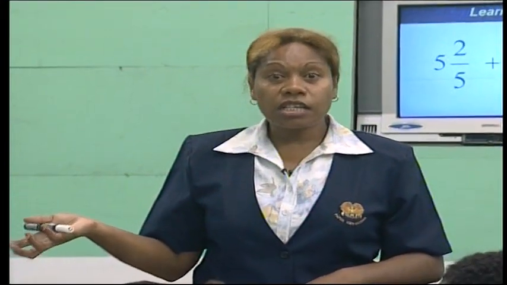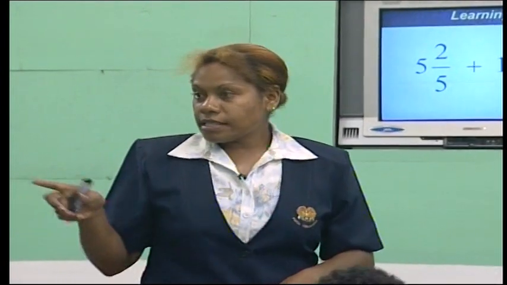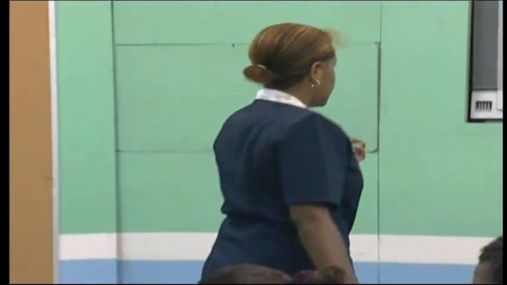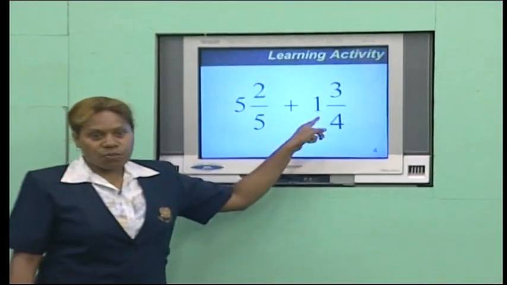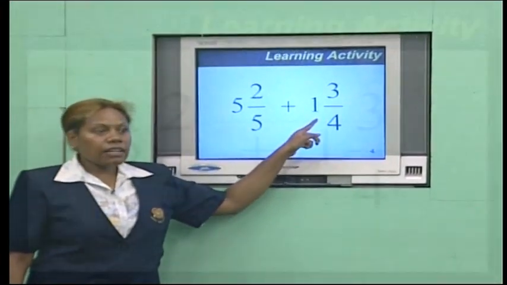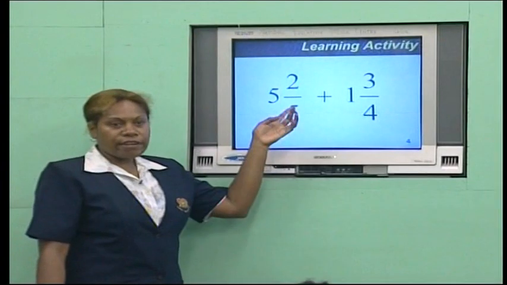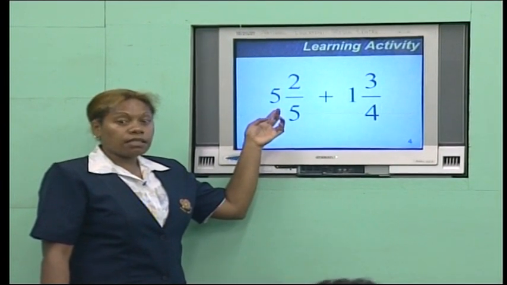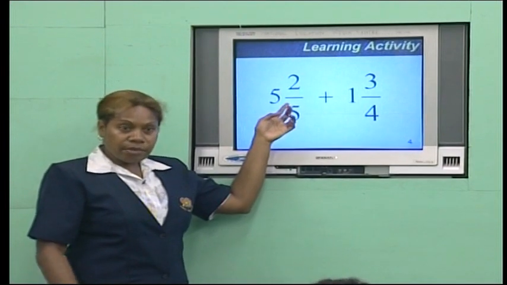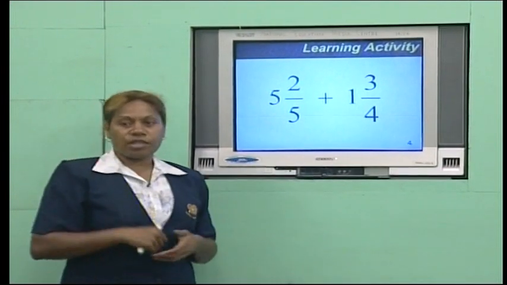Now, Tara said something like add whole numbers. Now that's also another way. Tara said you can add the whole numbers 5 plus 1. Yes? Okay, 5 plus 1. And after that you go on with adding the proper fractions. That's still okay. That's also another way. But in the book, you have changing these mixed numbers into improper fractions first.